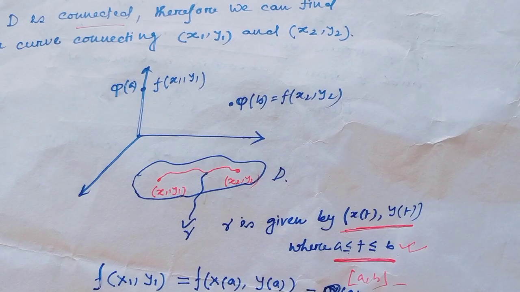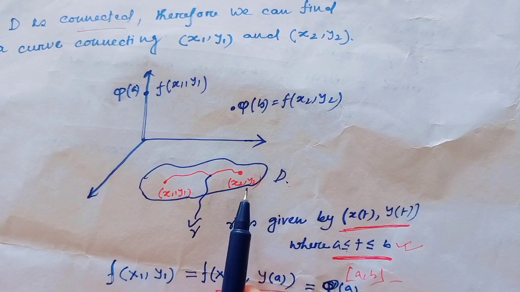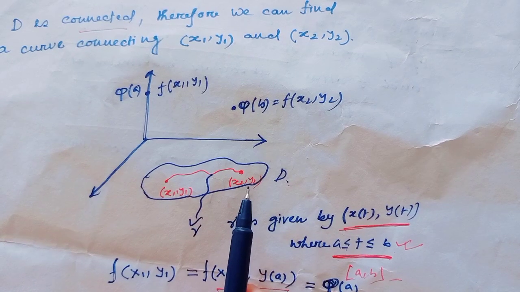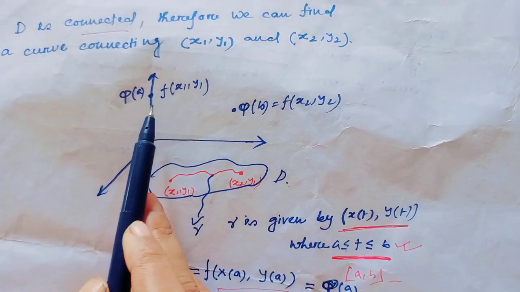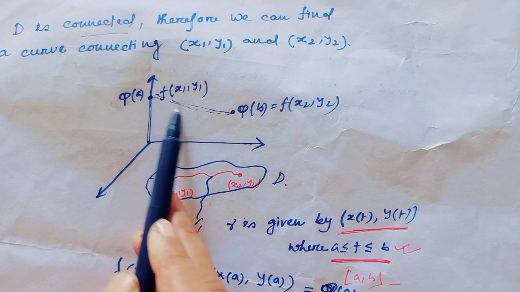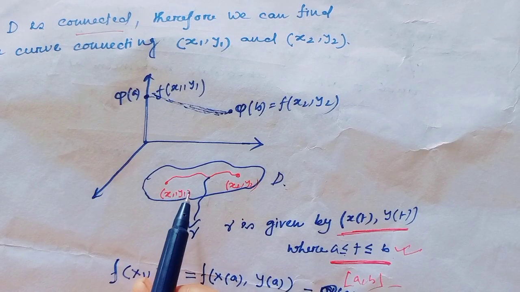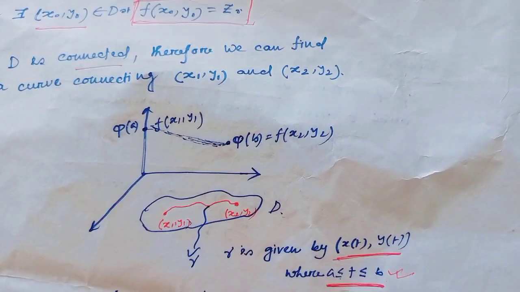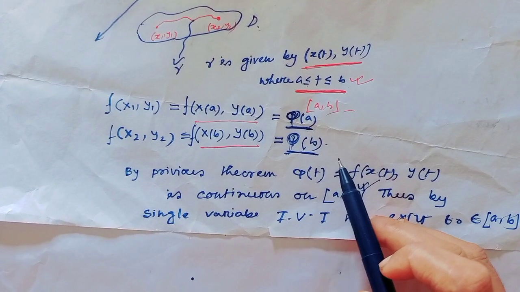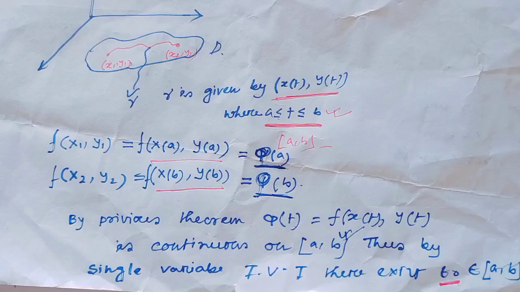If the function defined from (x1, y1) to (x2, y2) is continuous, then for any intermediate value I will always get one point in the domain. Phi of A and phi of B are single variable values on the closed interval [A, B].